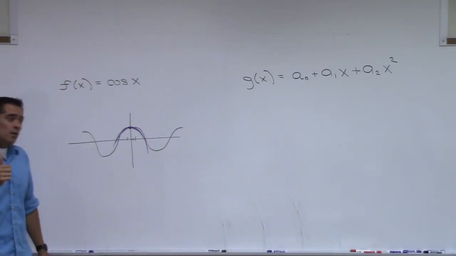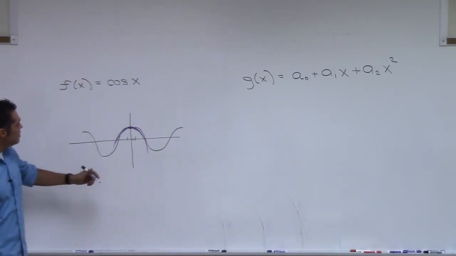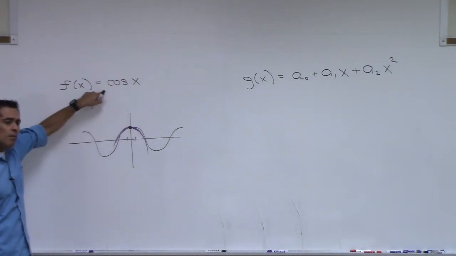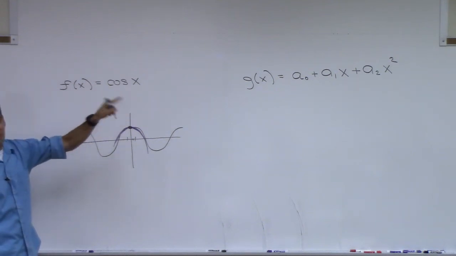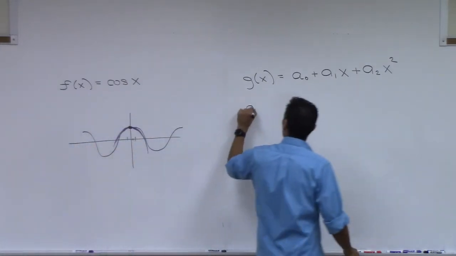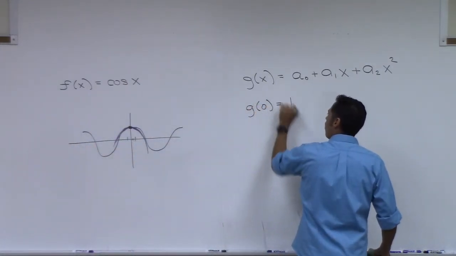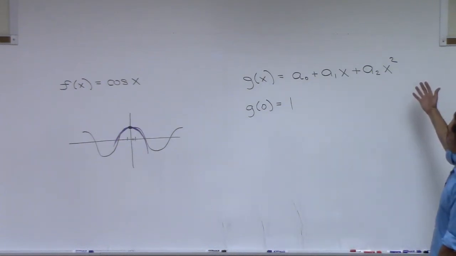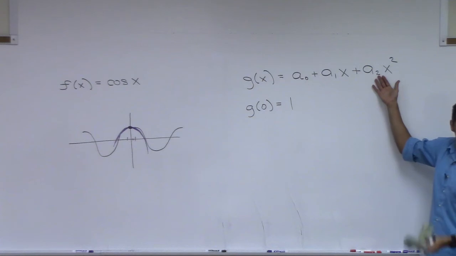All right. First, what is the value of cosine at 0? 1. I would really like it if that's what this function gave me too, right? So if I plug 0 into this function, I really want 1. So how could you make that work? If that's 0 and that's 0, these are gone, right?